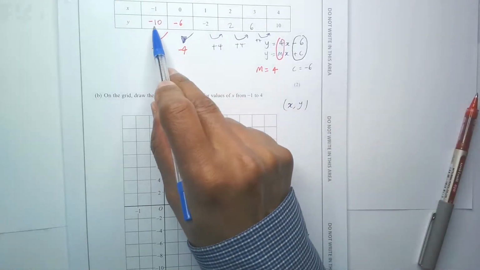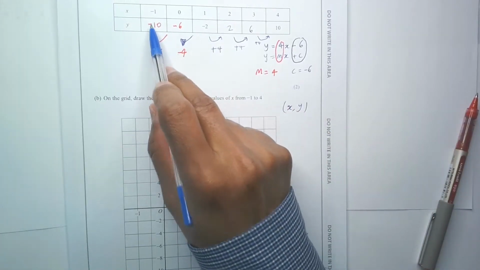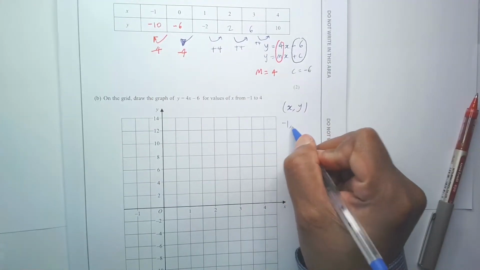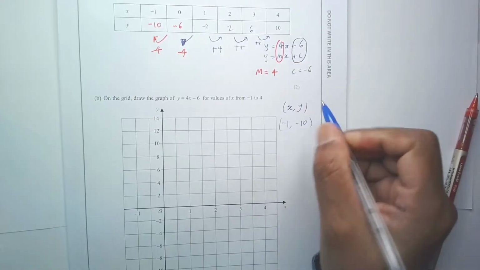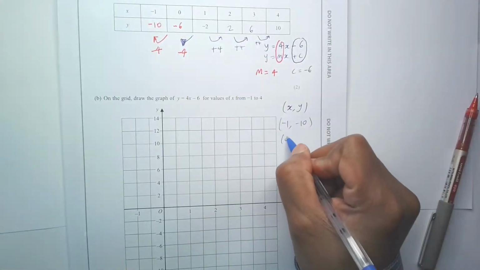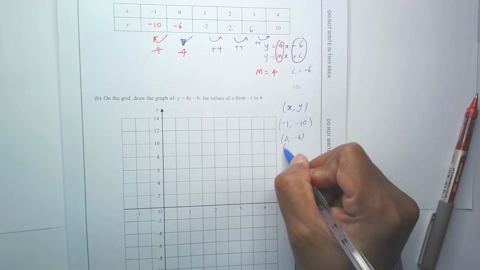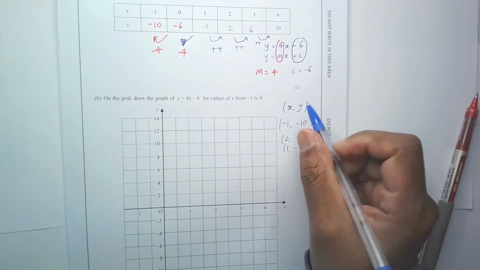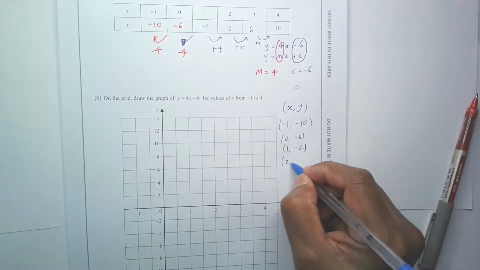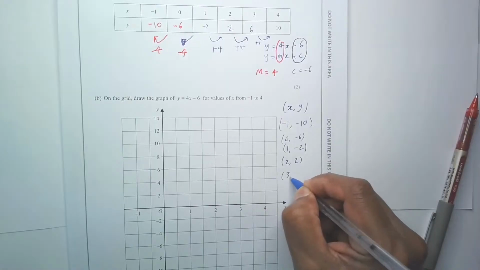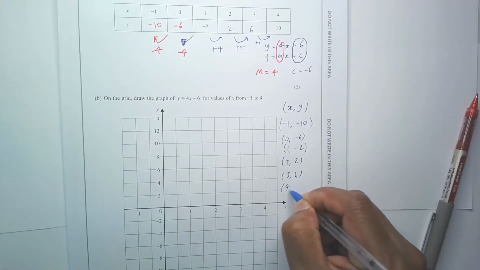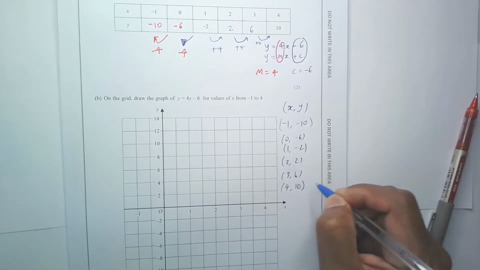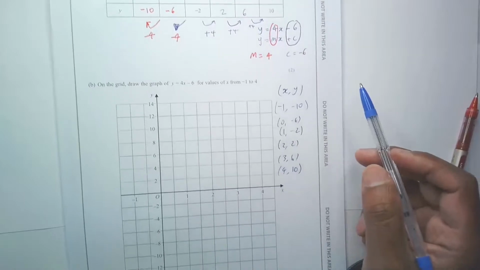Okay, this is a little bit tedious, but I'm going to write it out. -1, -10, 0, -6, 1, -2, 2, 2, 3, 6, and 4, 10. And so I've got them as coordinates.